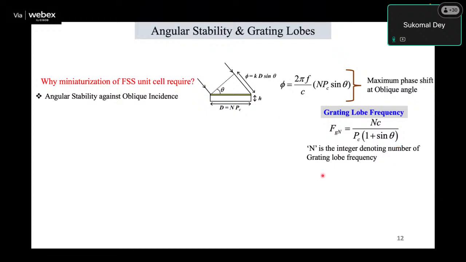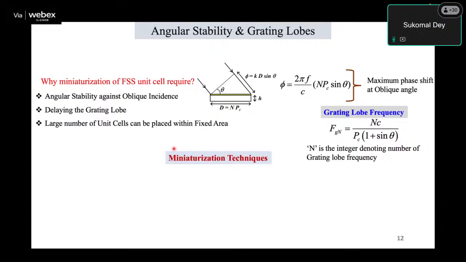It may so happen that at some number of arrays you get another higher strength signal, like in an antenna array where you get another maximum lobe close to the main lobe, which is unwanted. But it will come. Your job is to shift that lobe up to a reasonable distance. You have to delay that grating lobe, meaning it should come much later, and also a larger number of unit cells can be placed within the fixed area, as I said.